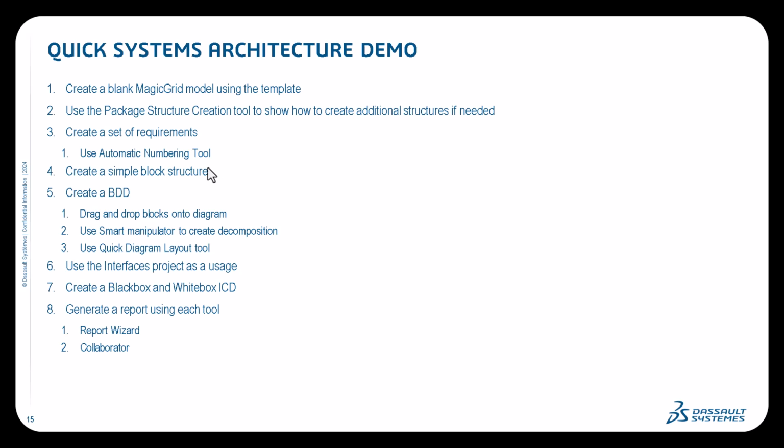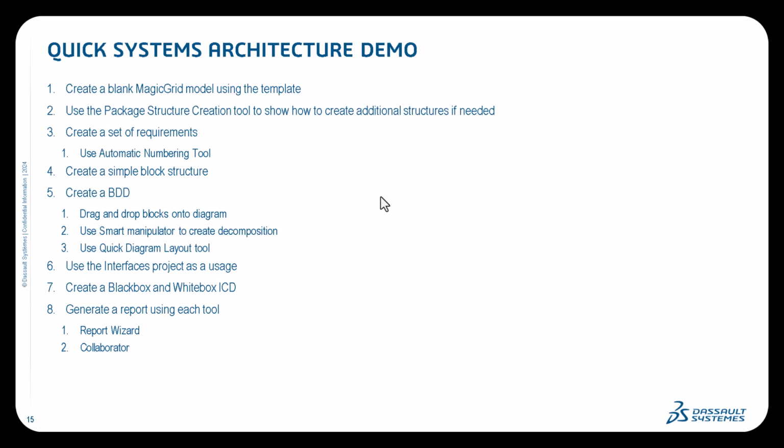We'll build a simple block definition diagram, probably based off of the GPCA, just because it's fresh in our memory. And then I'll show how easy it is to quickly create a BDD using the smart manipulator. And then we're going to use the quick diagram layout to make it all nice and neat so that we don't have to spend time actually moving blocks around and making it pretty, as many of us modelers like to do.